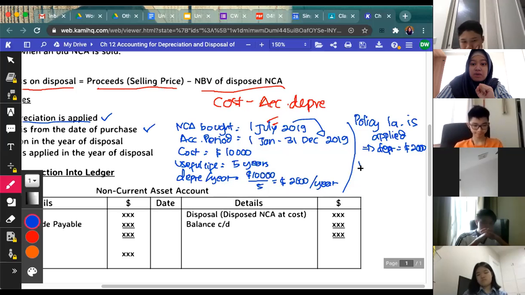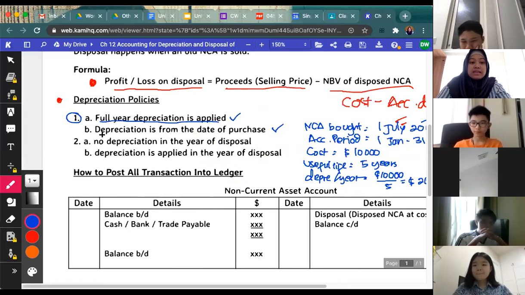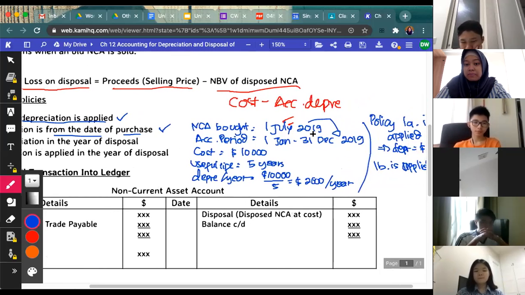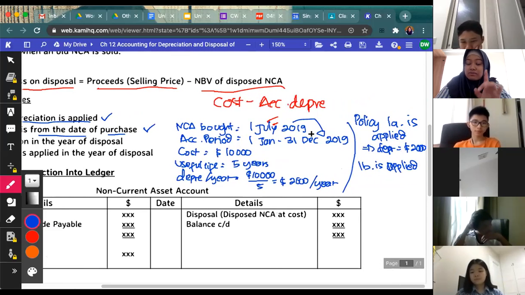Now, if policy 1B is applied, it said depreciation is from the date of purchase. The date of purchase is 1 July. And depreciation is calculated at the end of accounting period.